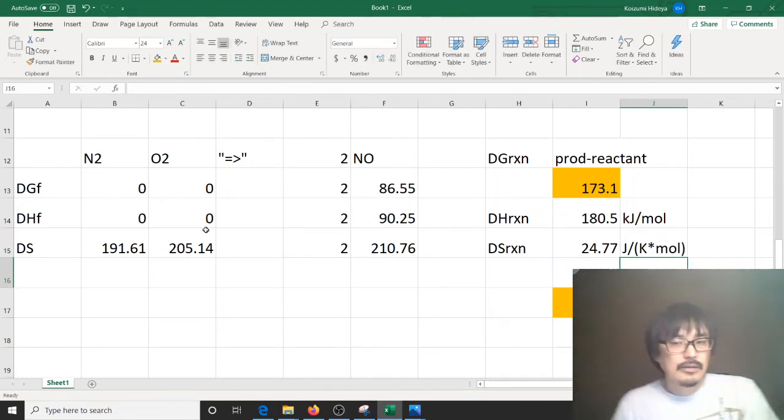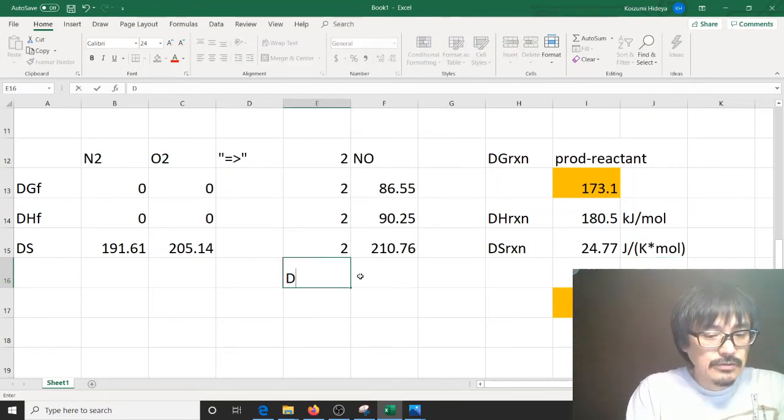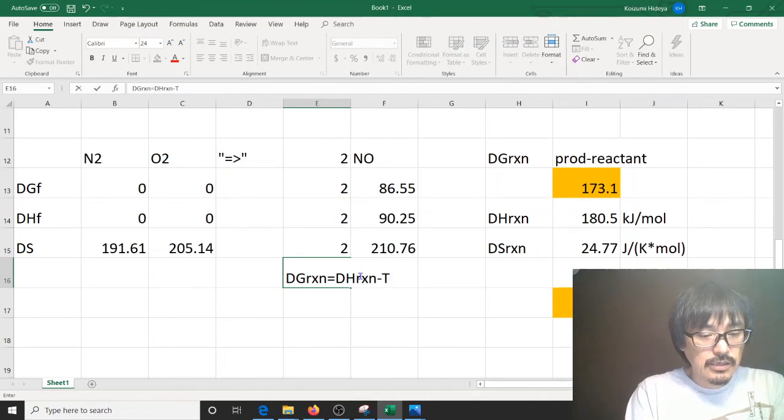Okay, good. Then the delta G of reaction is actually equal to the delta H of reaction minus T delta S of reaction.